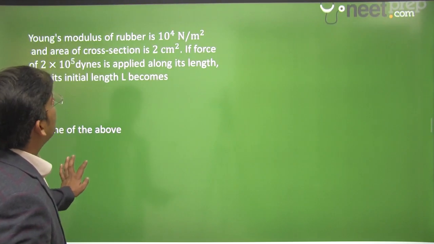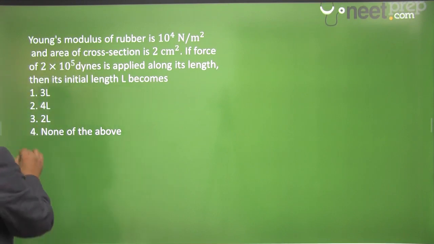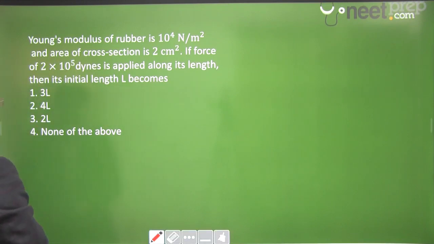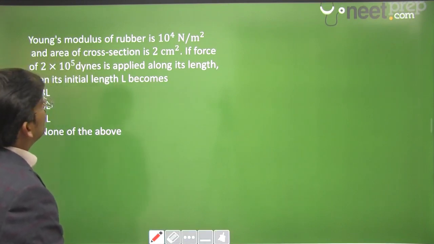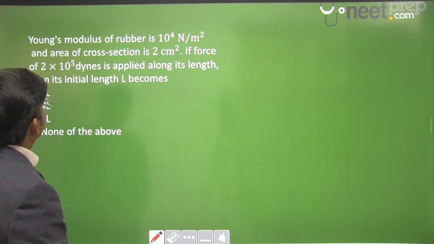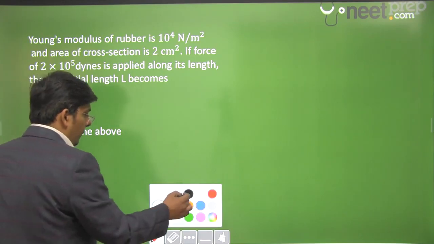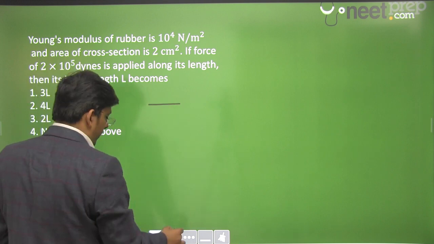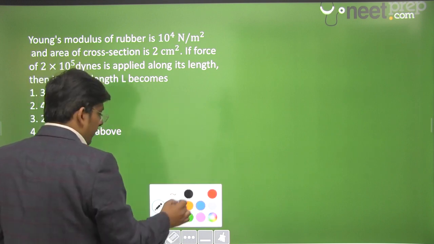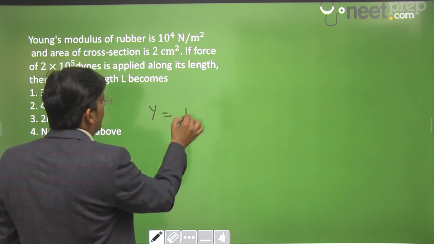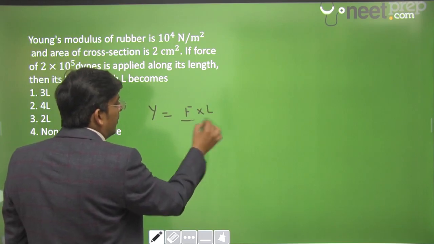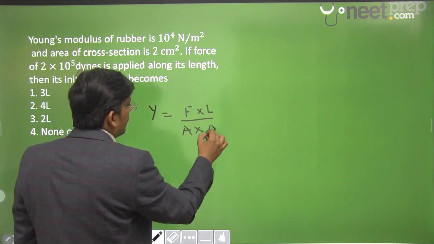Young's modulus of rubber is 10 to the power 4 Newton per meter square. We have the area of cross section to be 2 centimeters square. If force is this along its length, then its initial length L becomes what? Young's modulus is equal to force into length upon area into change in length, right, dear students?